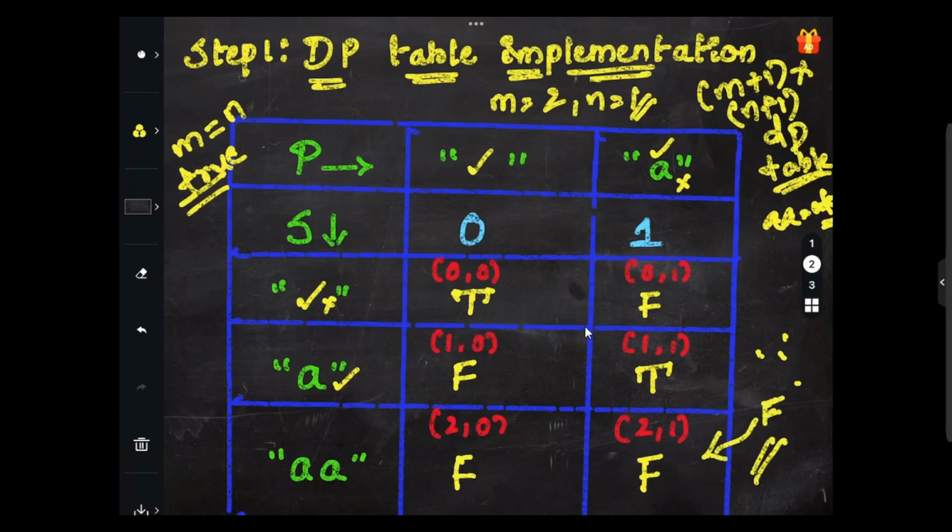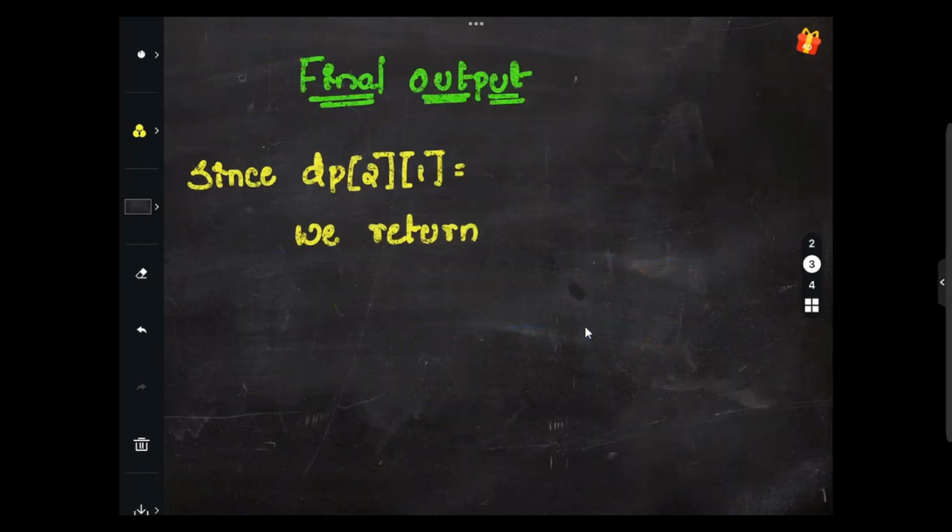With a 2D dp table, we always return the value in the last cell, the bottom right cell. Since dp of 2 comma 1 is false, we will return false in this case.